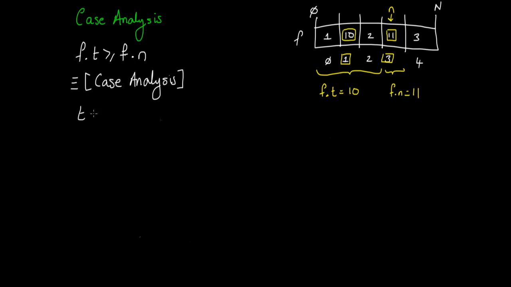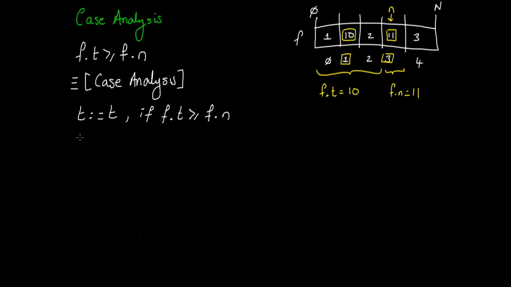Well, t will be equal to t. In other words, it won't change, if f.t is greater than or equal to f.n. There's no need to change. We keep t as it is.